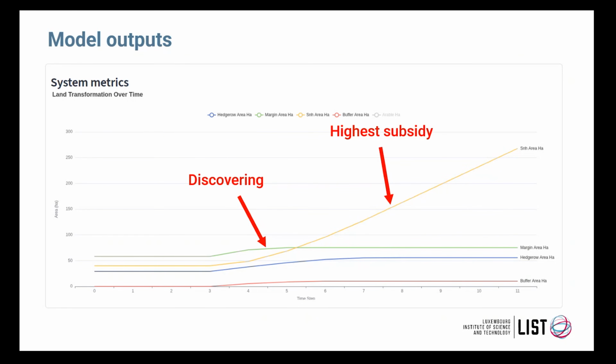Something that maybe I forgot to mention is that in the model, we give a subsidy for the implementation of the action. Since farmers are committed to implement these actions, we are also testing what happens if they receive 0 subsidy or if they receive a certain amount.